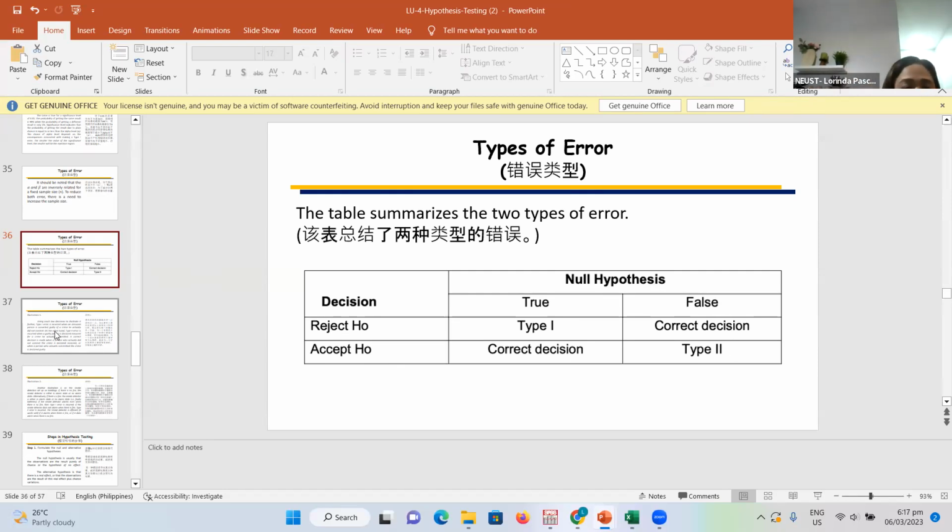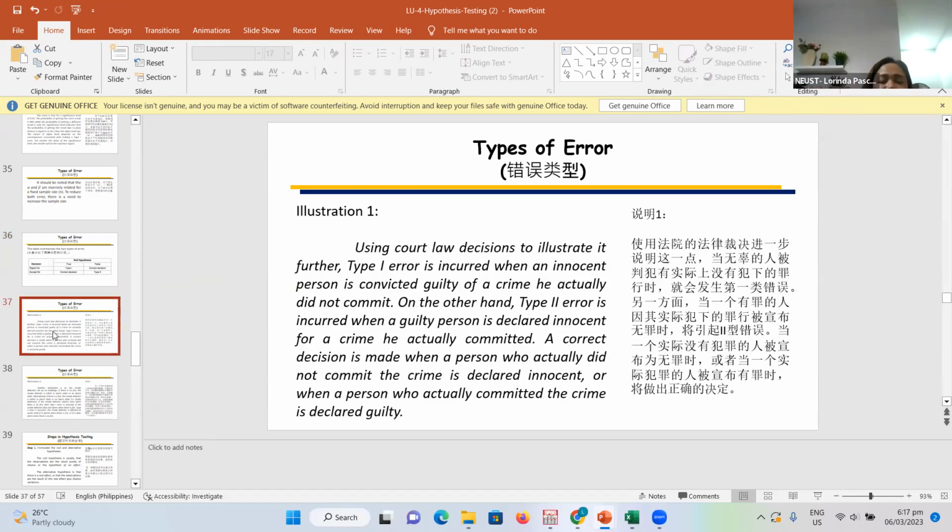So para maintindihan niyo, bigyan natin ng sitwasyon. So sa totoong buhay, we have illustration 1. So using court law decisions to illustrate it further, type 1 error is incurred when an innocent person is convicted guilty of a crime that he actually did not commit. Now, on the other hand, type 2 error is incurred when a guilty person is declared innocent for a crime that he actually committed.